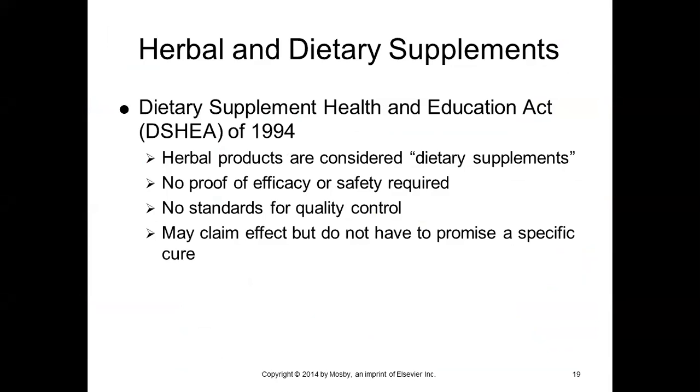According to this, what is basically important for herbal and dietary supplements? Herbal products are considered dietary supplements. So there are so many medications, vitamins, minerals we can buy over the counter, and they are dietary supplements, right?